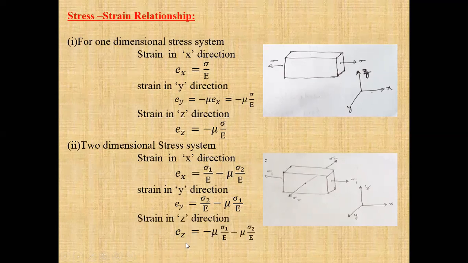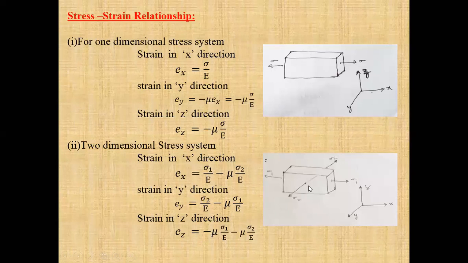Because for both sigma 1 and sigma 2, z direction is lateral direction. X, Y, Z are three mutually perpendicular directions. You know that, length, breadth, and height. So we are here trying to find the strain in Z direction, height or thickness, let's say. In its own direction, there is no stress.